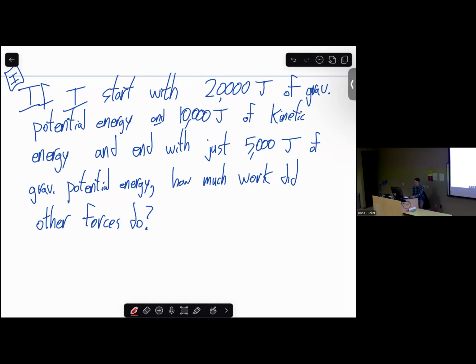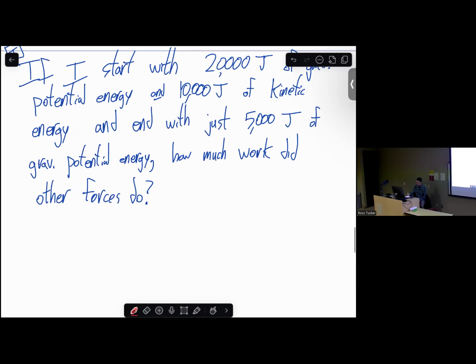Kinetic energy is a force, other than the gravitational potential. Gravity, other than weight. What would you include on the right side of the central equation? External work is what I'm looking for. Okay, what's my initial? 20,000 plus 10,000 is 30,000.